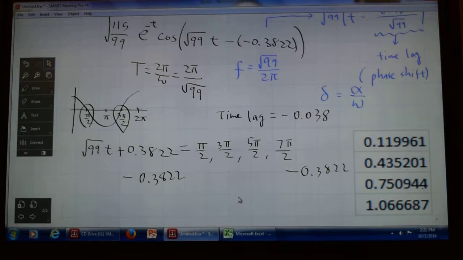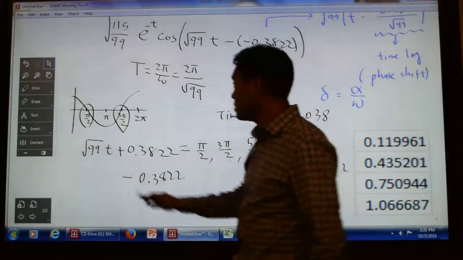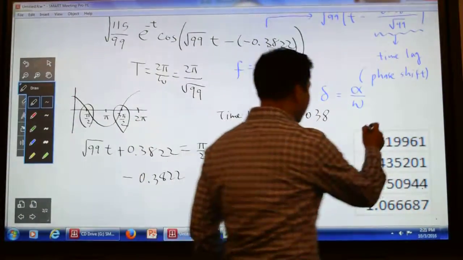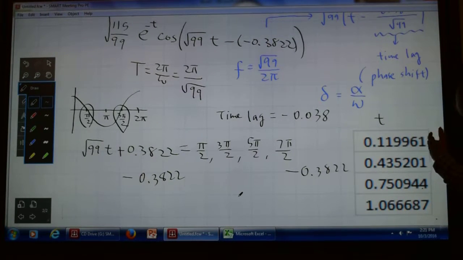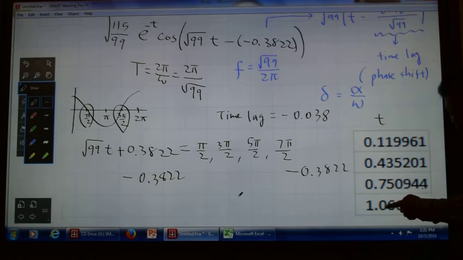Okay. So the answers are when time is 0.11 seconds or 0.12 seconds after the initial time, and at 0.43 seconds, 0.75 seconds, and 1.0607 seconds. Those are the times where it will pass through the equilibrium.